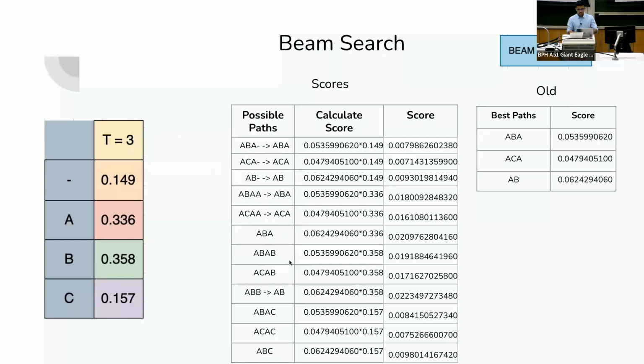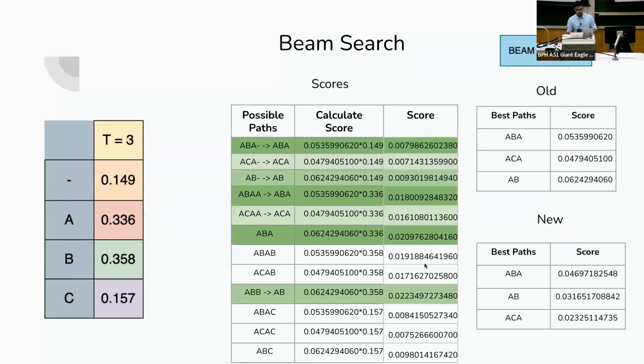And we again calculate our scores in the exact same fashion, plugging in the values from the tables that we have. Now the score under consideration would be the sum of all possible scores. So we can see that ABA gets decoded as ABA in the first and the fourth rows, and also in the sixth row.